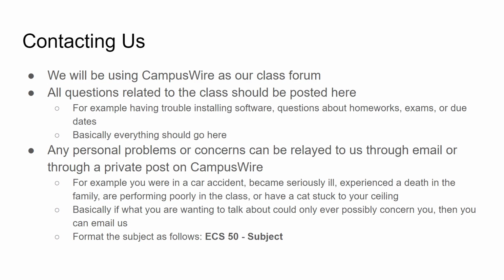Basically, if there's something that could only ever concern you alone and affect no one else, that's for private communication. This keeps questions that might affect a lot of people public, so that we don't have to keep answering them over and over again. Good reasons to email us directly would be a death in the family, a car accident, or your house burning down, something stopping you from performing in the class.